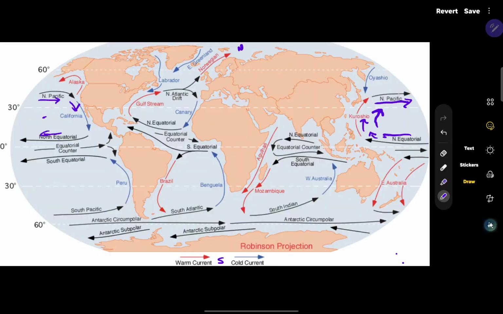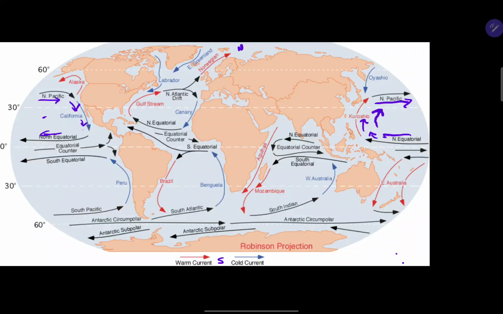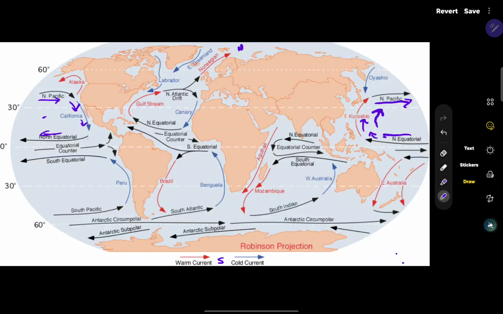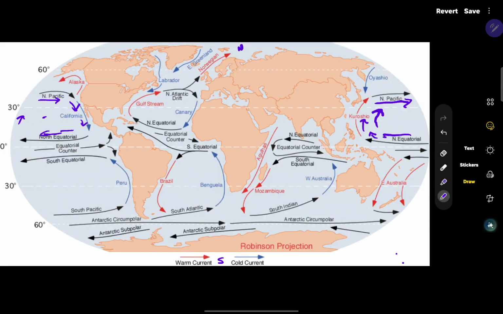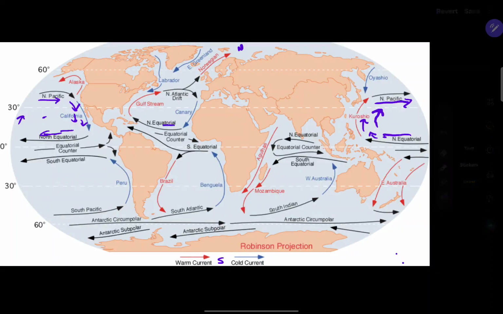Then after becoming normal current, North Pacific, it touches the land again, it becomes cold current. So normal, warm, normal, cold. This pattern repeats itself.